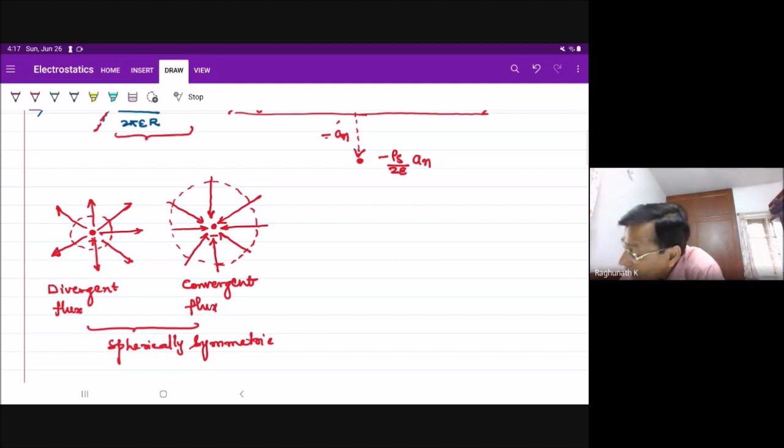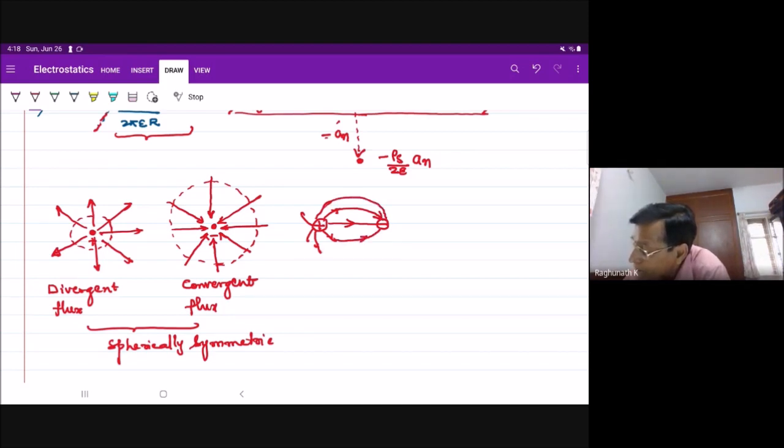And we saw one case where one is positive charge, another is negative charge, in which the field is divergent at the positive charge and convergent at the negative charge. Correct?